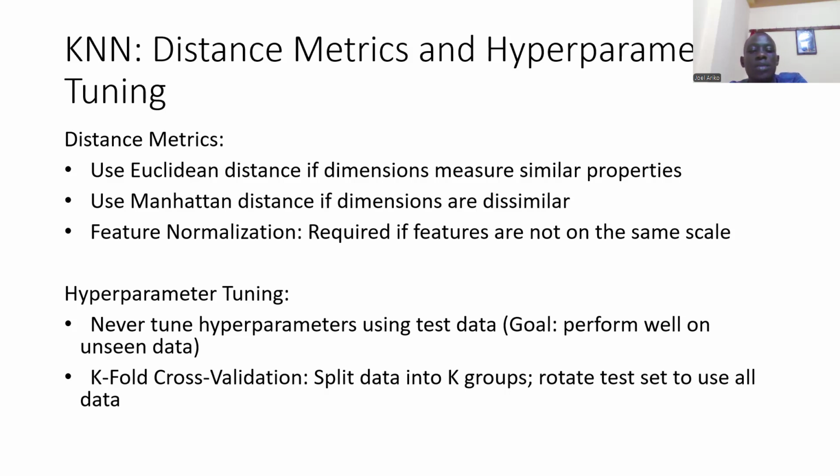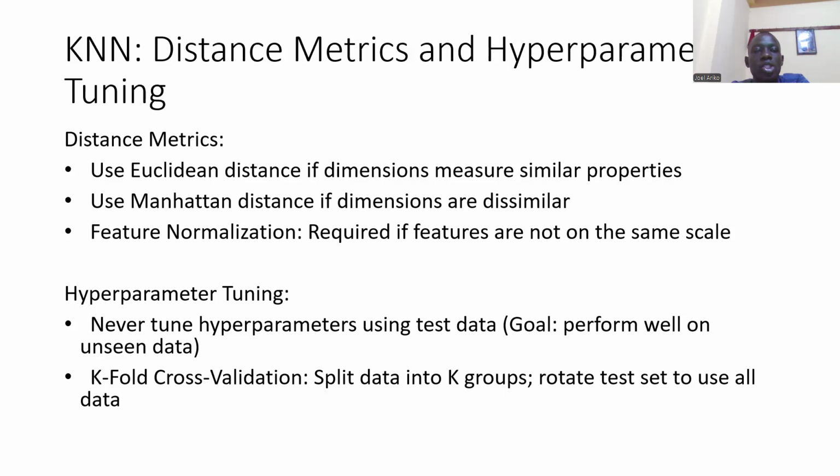Then we have what we call hyperparameter tuning. Here we do not tune hyperparameters using the test data, because this can lead to data leakage, whereby a model would cheat by already seeing the data.